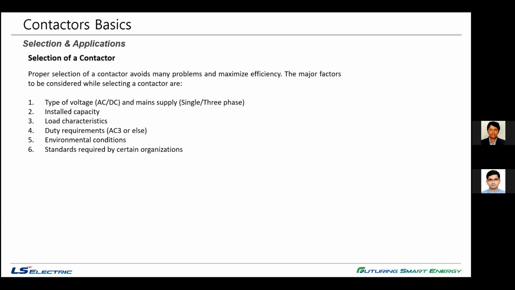Then the installed capacity: what is the kilowatt rating or full load current, or if it is lighting, what is the lighting capacity and full load current of the lighting. Then load characteristics: which type of load is it, a transformer, capacitor bank, or motor? Then as per my previous slide, you have to decide the duty of the contactor. For a motor, you have to decide AC3, or if it is a capacitor, then you have to choose AC6B.